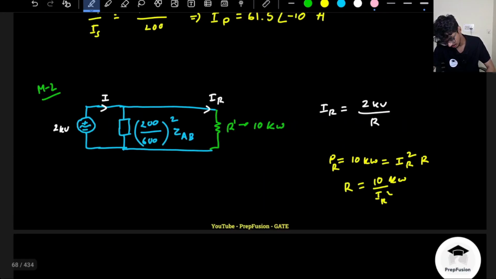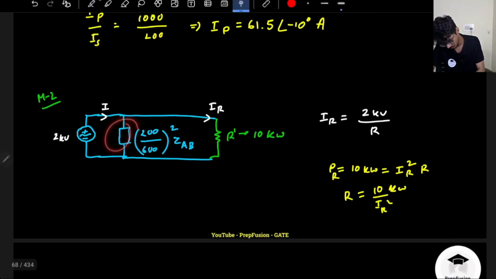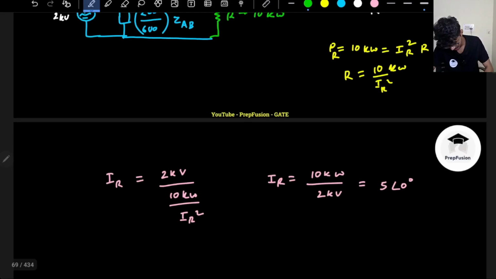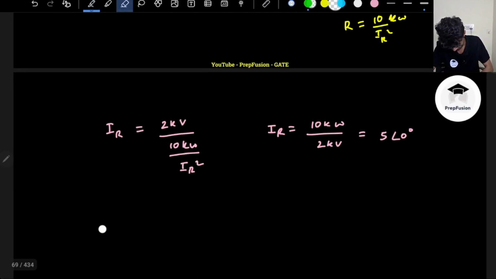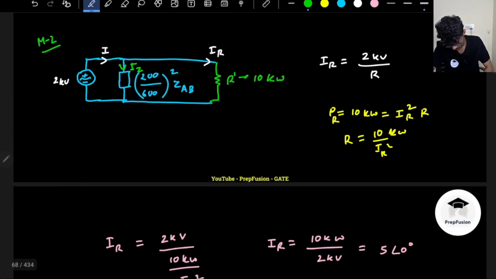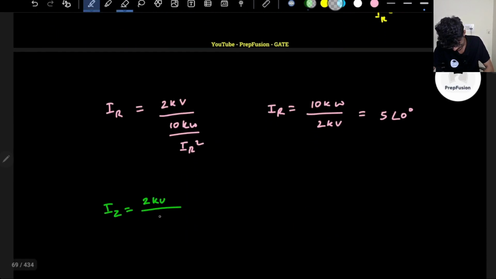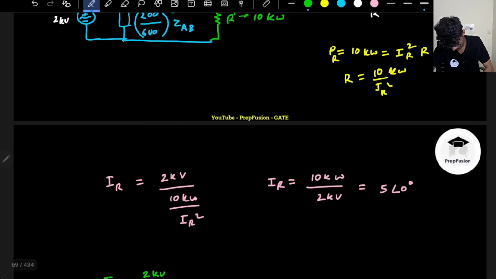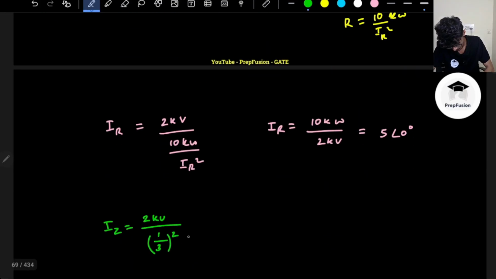So now let's calculate this current. This current is also there. Let's assume this current is IZ. So what will be IZ? IZ will be very simple. IZ will be voltage upon impedance. So voltage is 2 kilovolt and impedance is 1 by 3 whole square into ZAB.